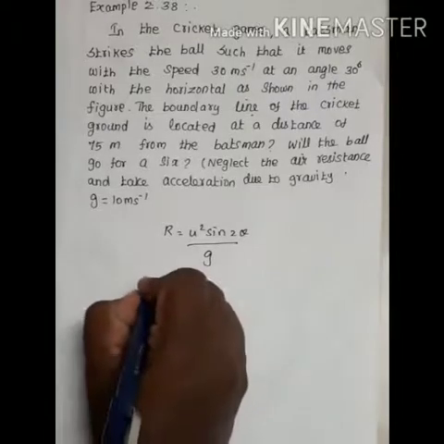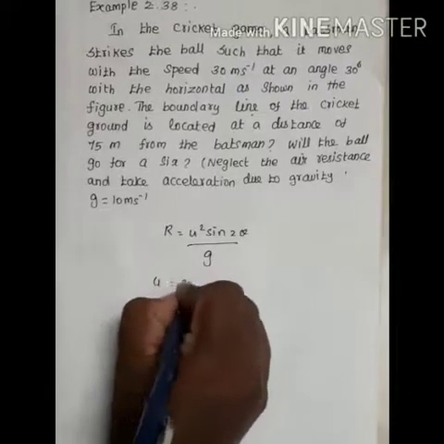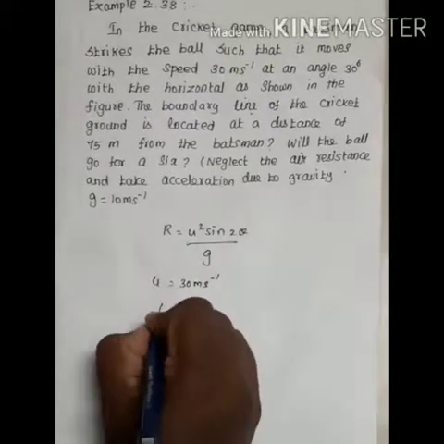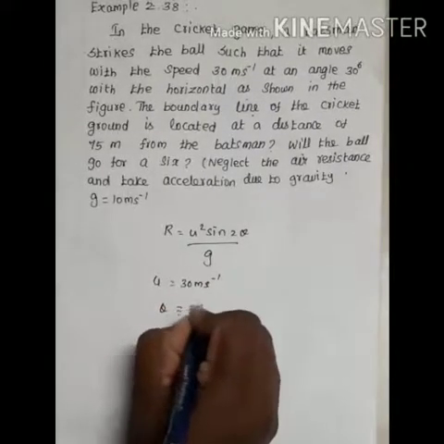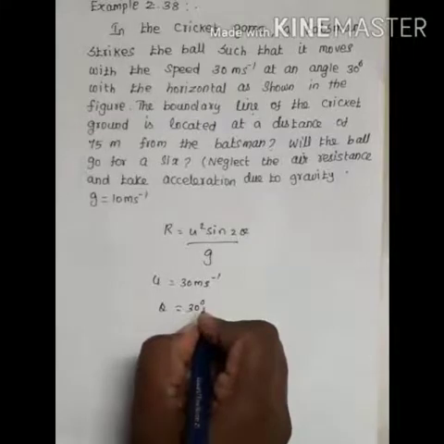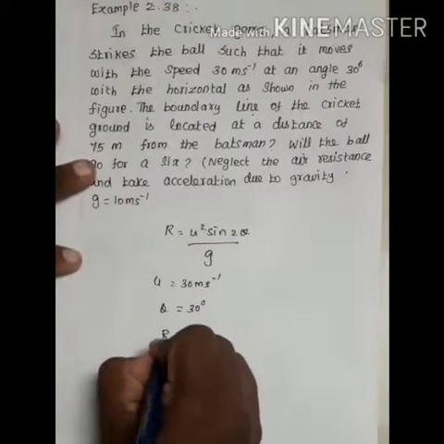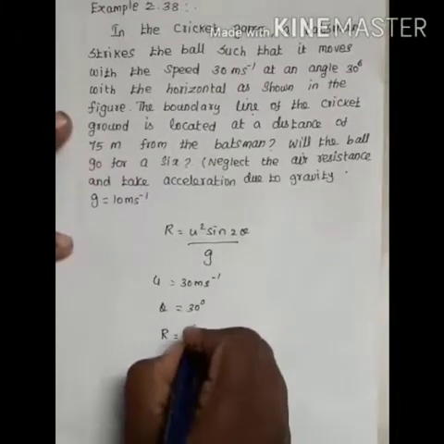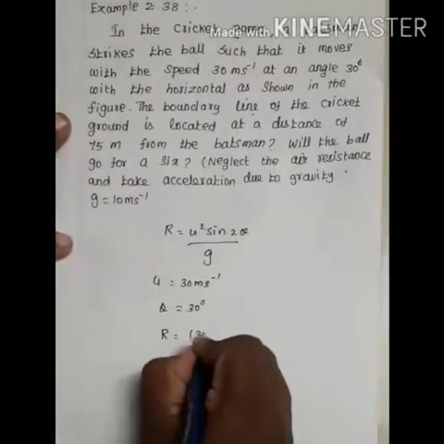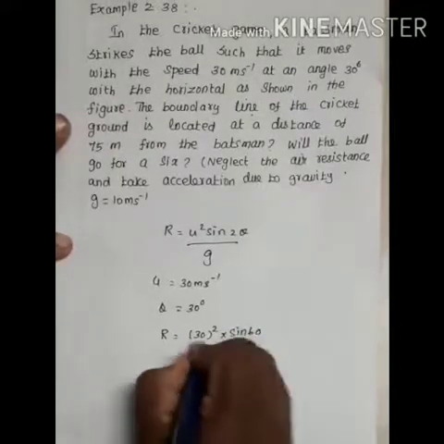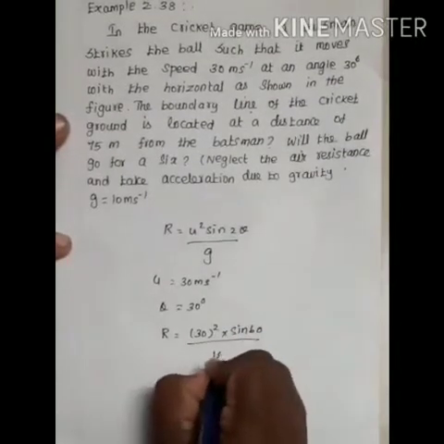The initial speed u is equal to 30 meters second minus 1. The projection angle theta is equal to 30 degrees. The horizontal distance travelled by the cricket ball, therefore R, with this value substituted in the above equation, is 30 square into sin 60 by 10.